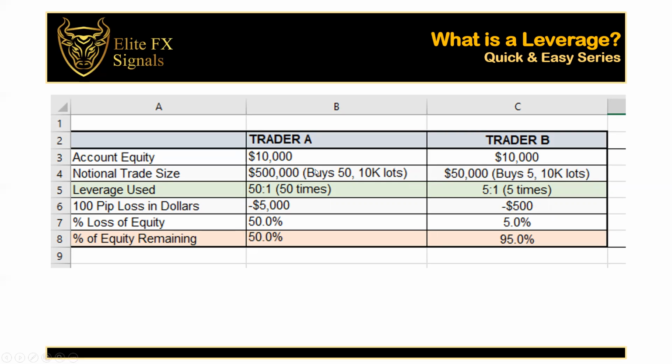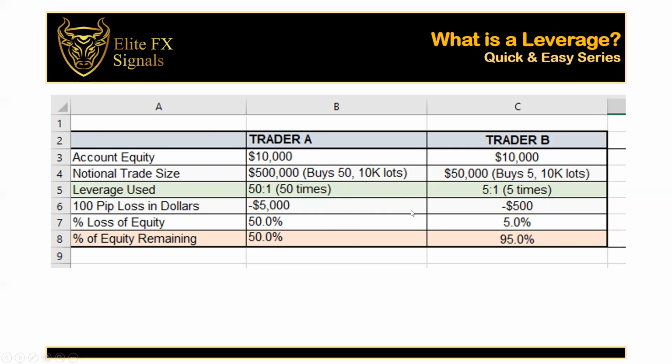So he's buying like crazy, 500,000 currency units. At the same time, trader B is much more conservative and only buys 50,000 units of that currency. So one uses a leverage of 50-to-1 and the other one only 5-to-1.